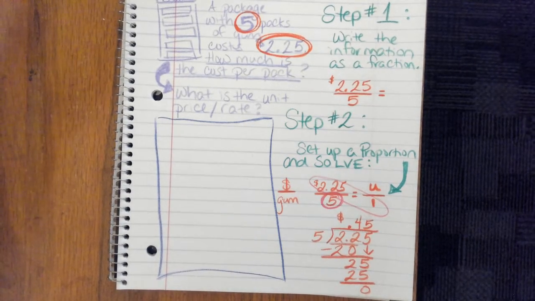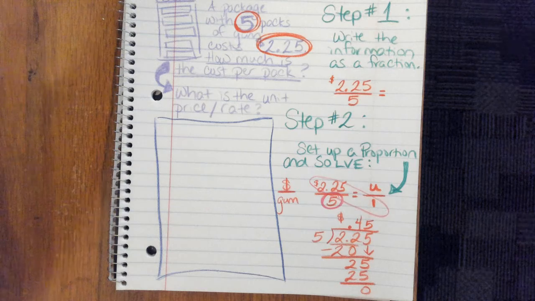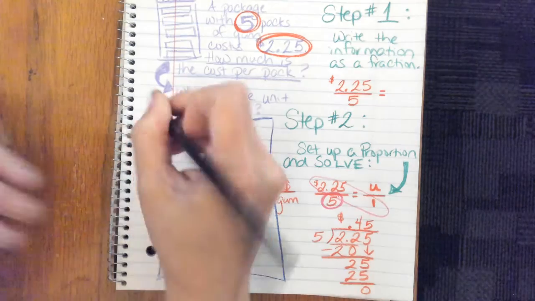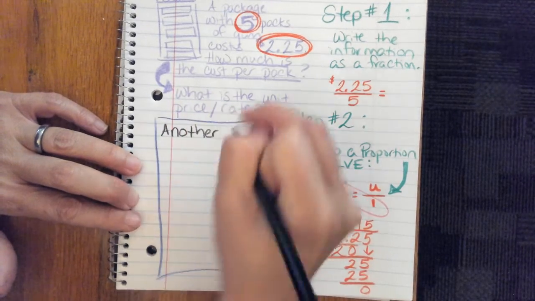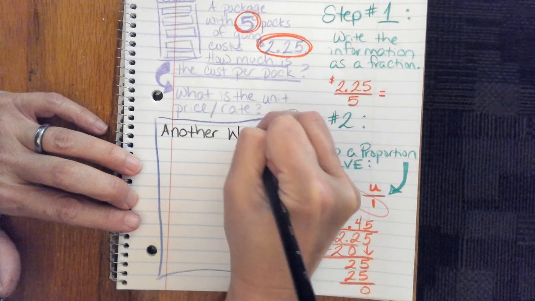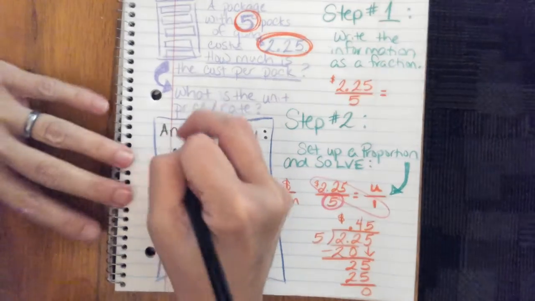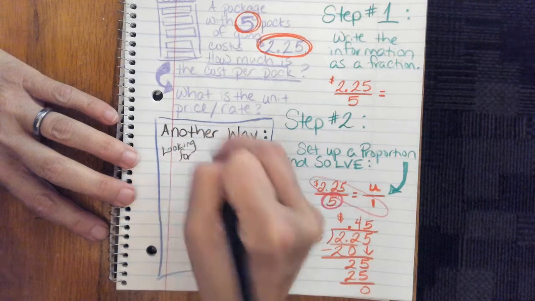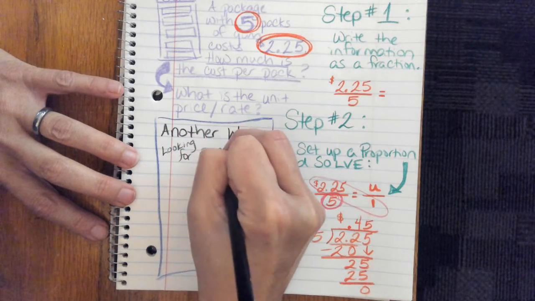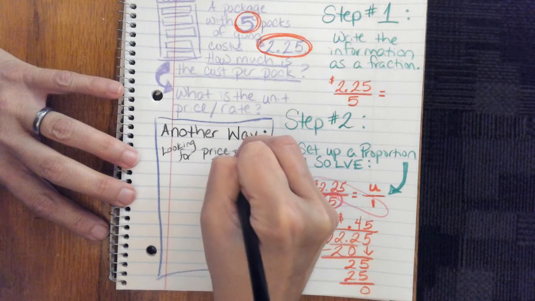Now, the reason I left this over here is that it's just another way of looking at it. So I'm just going to write another way. We are looking for the price per pack of gum.